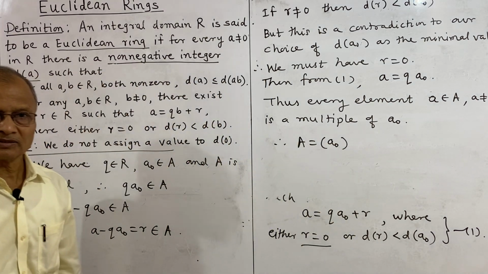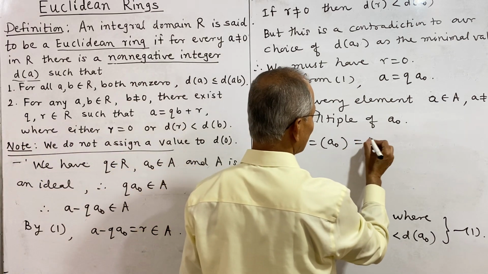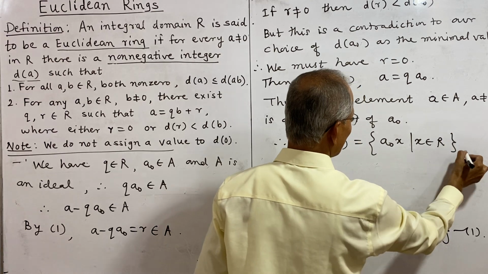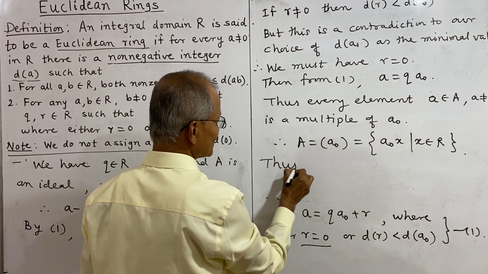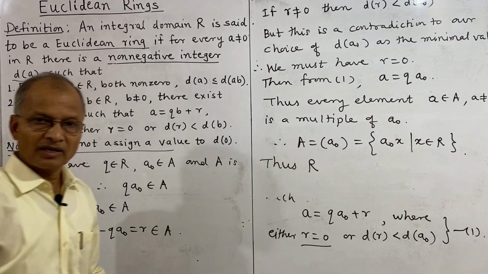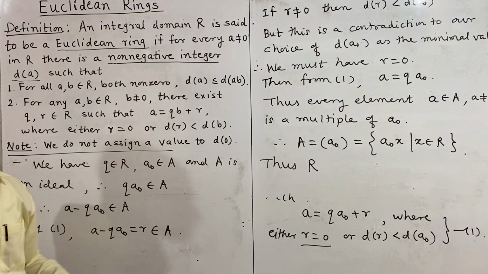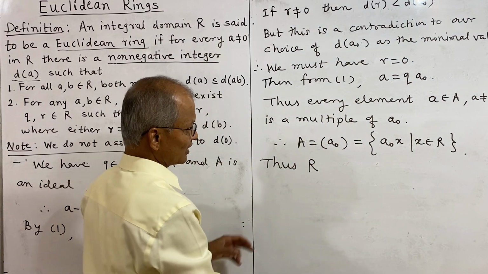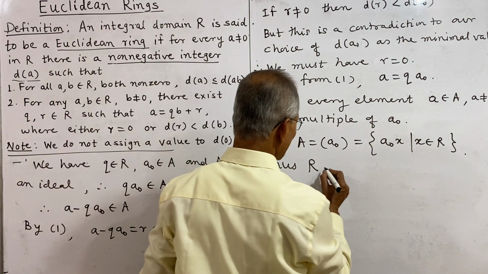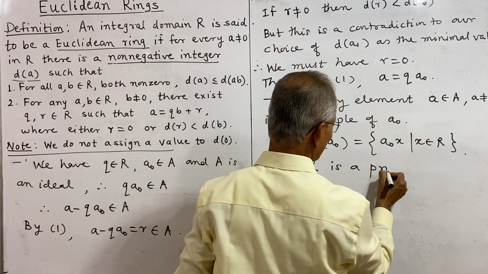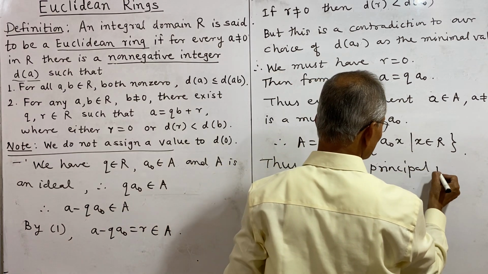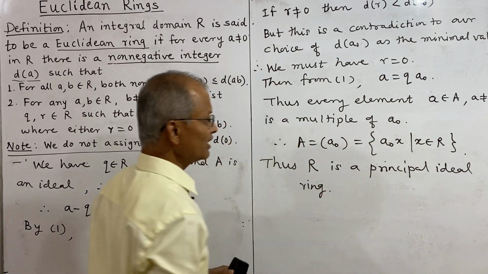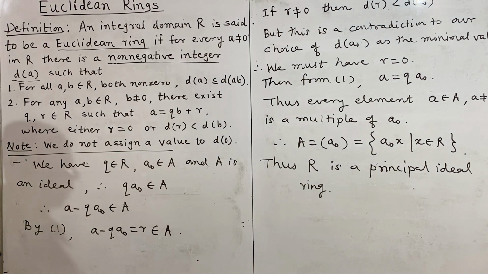Every element of A is of this type, a naught into some x, where x belongs to R. Thus A is a principal ideal, and therefore R becomes a principal ideal ring. Every ideal in R is generated by some element in R. Thus R is a principal ideal ring. And thus what we have proved is that every Euclidean ring is a principal ideal ring.